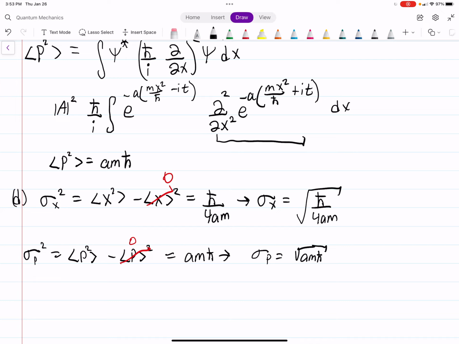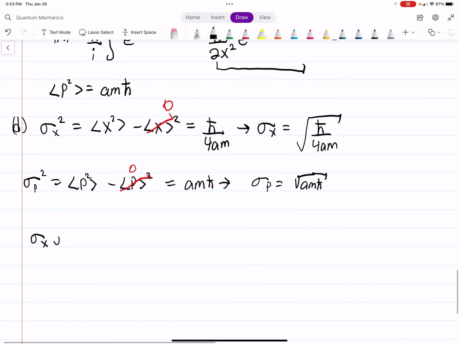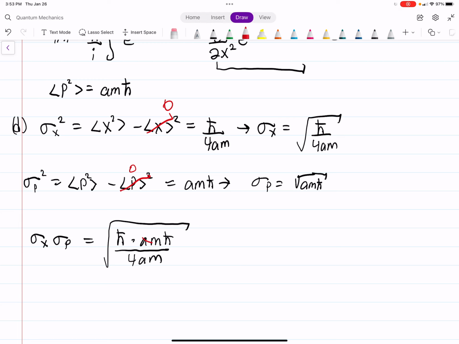So our uncertainty principle is sigma x times sigma p, which is the square root of h bar over 4am times the square root of a m h bar. The am's obviously cancel, and this is going to be equal to h bar over 2, which is consistent with the uncertainty principle.